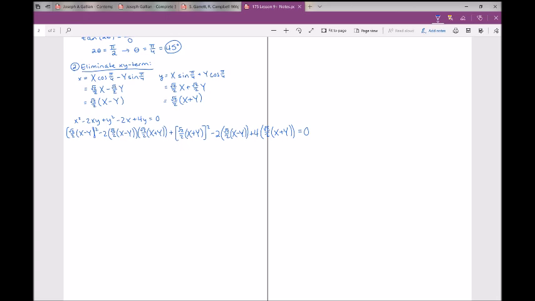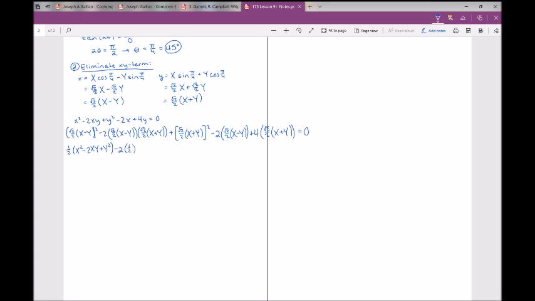If we square the square root of 2 over 2, we get 1/2. So we have 1/2, and if we square that binomial, we get x squared minus 2xy plus y squared. Now for the second bit, we have negative 2 times the square root of 2 over 2 squared, so we have negative 2 times 1/2.